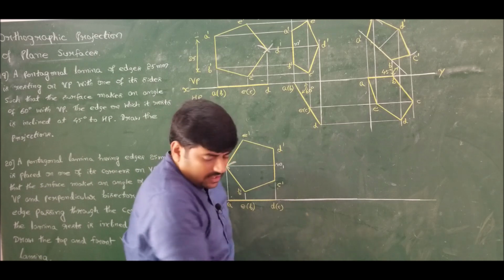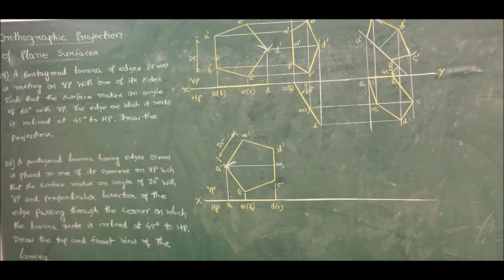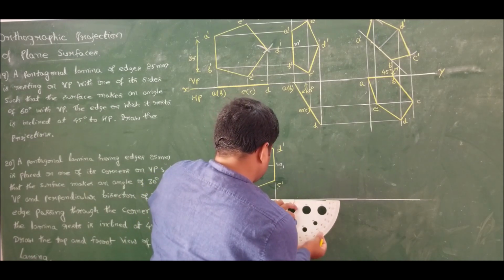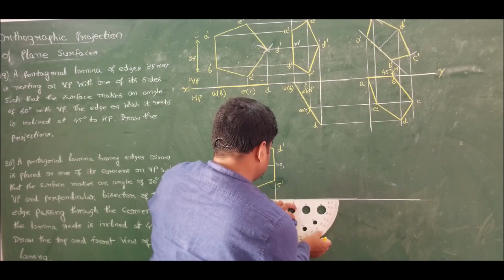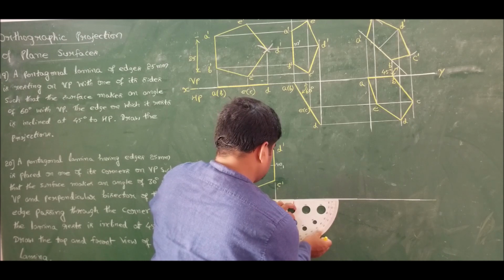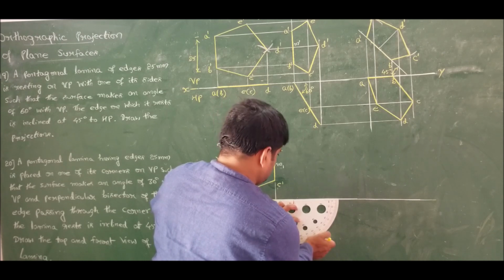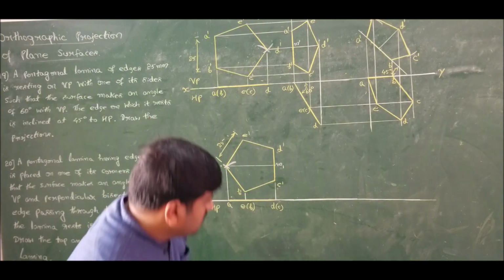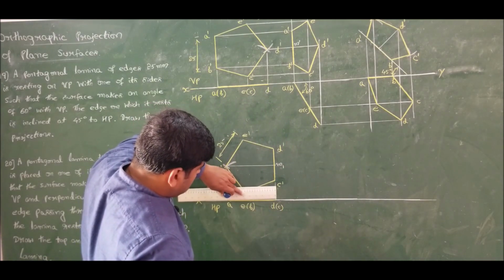So the laminae is inclined at an angle of 30 degrees, hence mark 30 degrees. Done. Transfer.